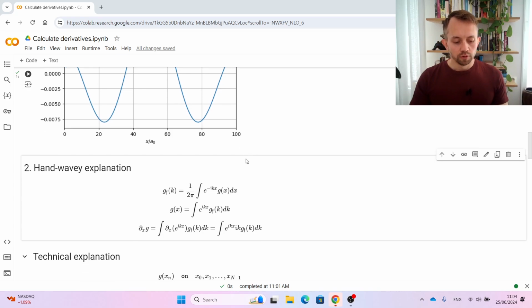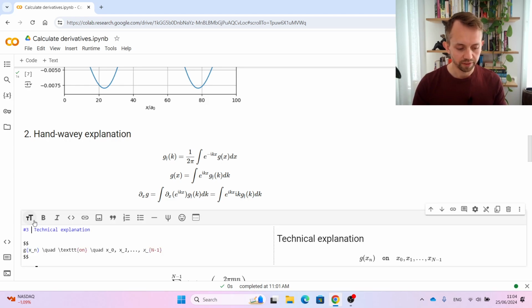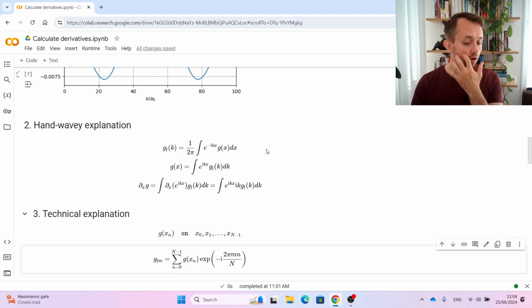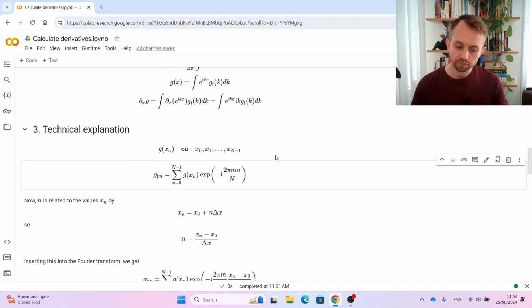Of course, the third part, the more technical explanation, is that we are in fact working with a function that is defined on discrete points on a periodic lattice, right? So we have a function g of xn, which is defined on N points, x0, x1, all up to x(N-1).